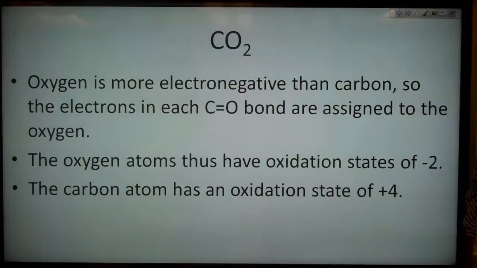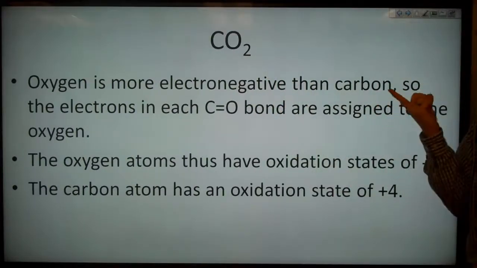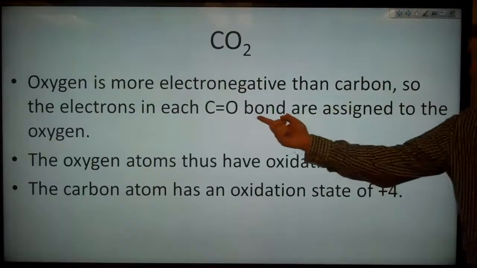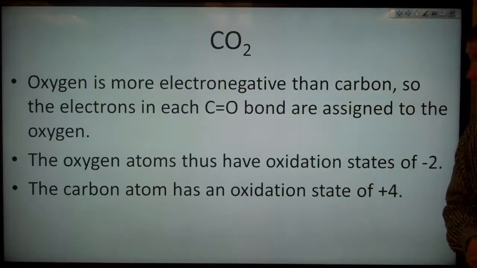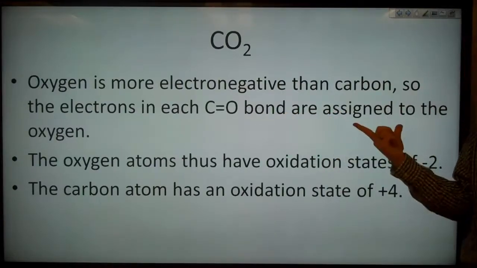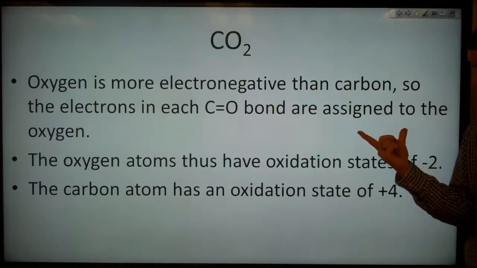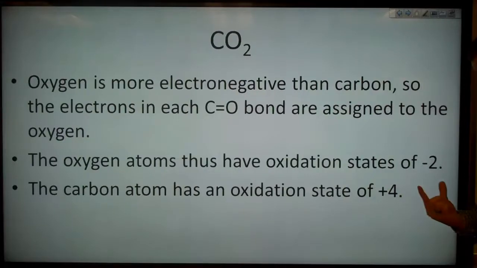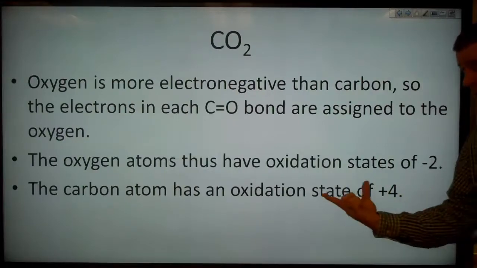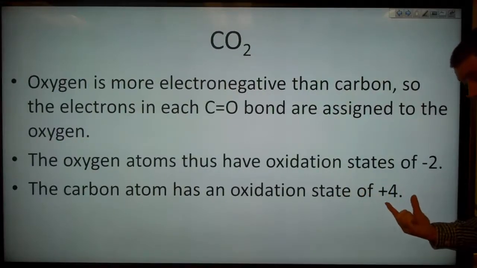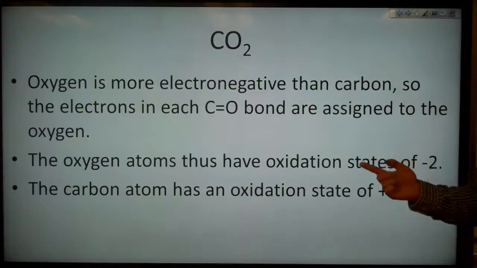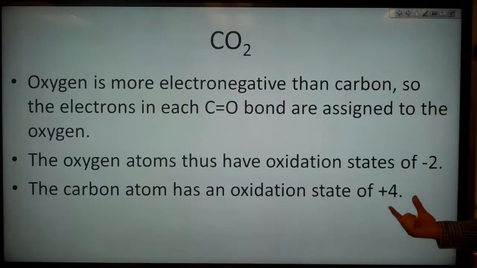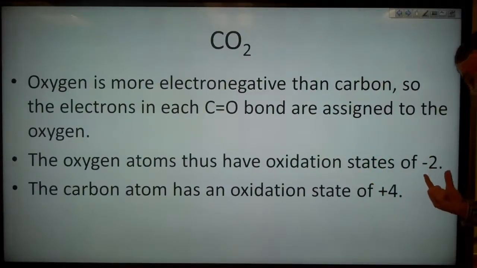In carbon dioxide, oxygen is more electronegative than carbon, so the electrons in each carbon-oxygen bond, that double bond, are assigned to the oxygen, and the oxygen atoms thus have oxidation states of -2, and the carbon atom has an oxidation state of +4. Now note that they don't actually have charges of +4 or 4+ and charges of 2-.